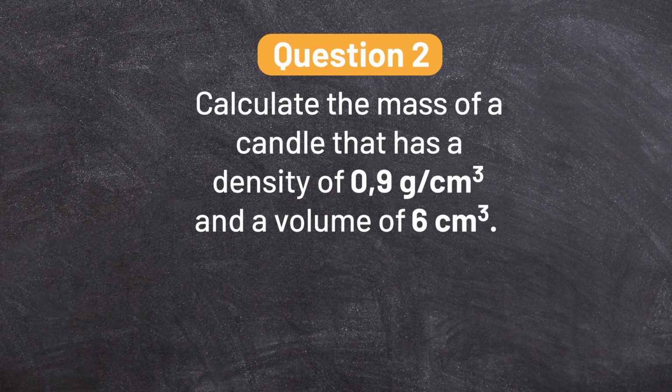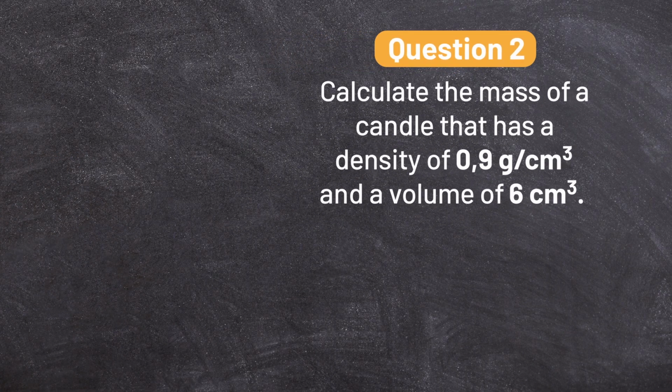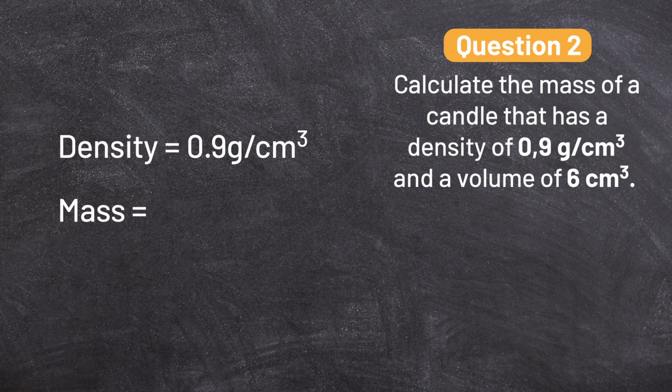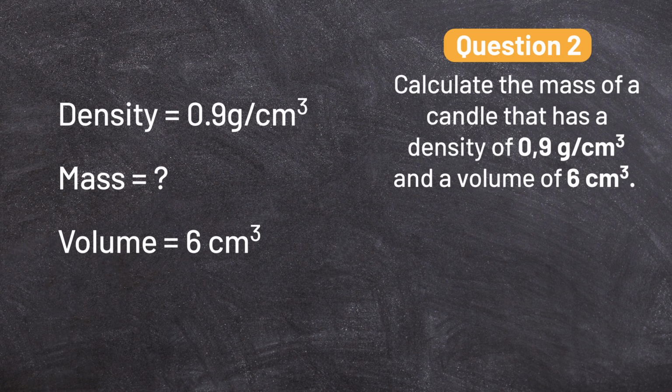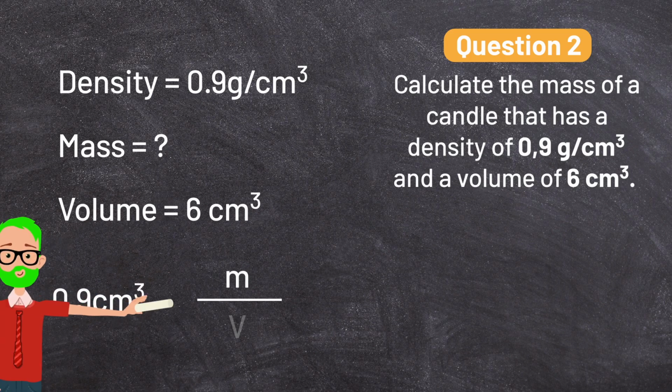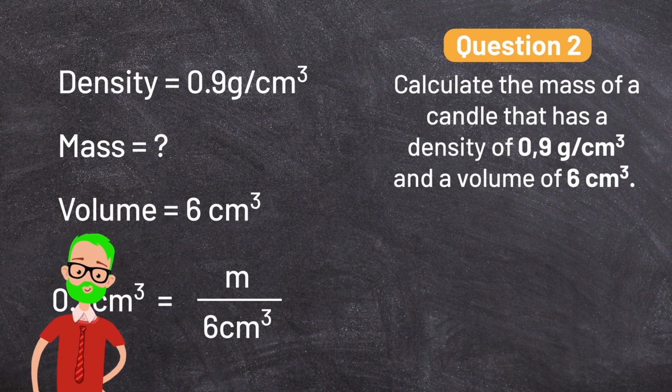When we look at this specific question, density equals 0.9 gram per cubic centimeter. What we're trying to find in the answer is the mass, and what is given to us is the volume, which is 6 cubic centimeter. When we look at the specific sum, we replace density in the formula with 0.9 and volume with 6.